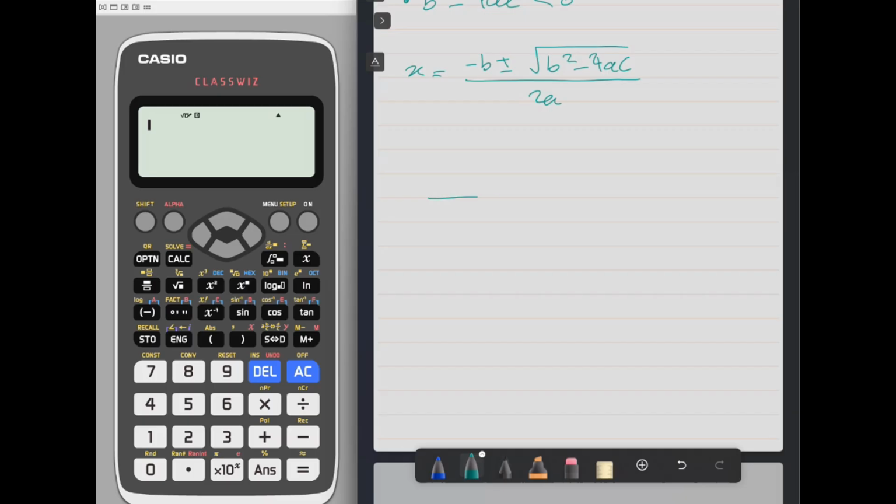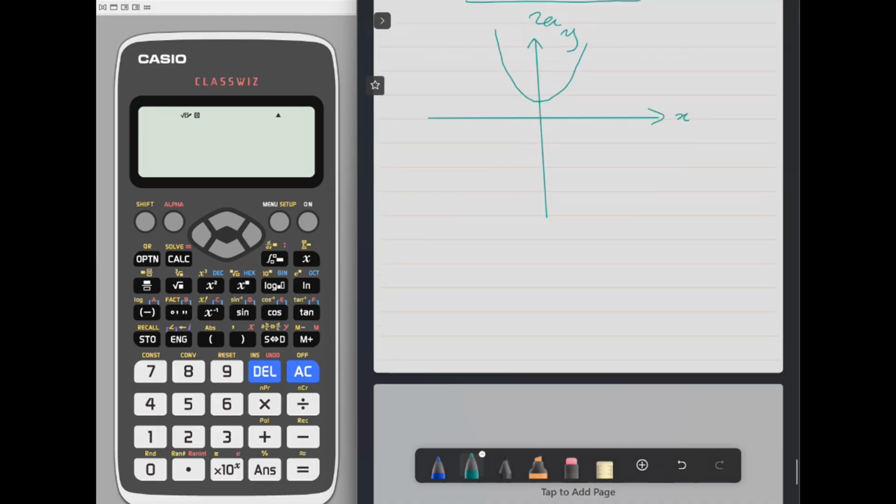So for a greater than 0, your graph will have a shape like this. See, it neither touches nor intersects the x-axis. And this is how you do it, right?